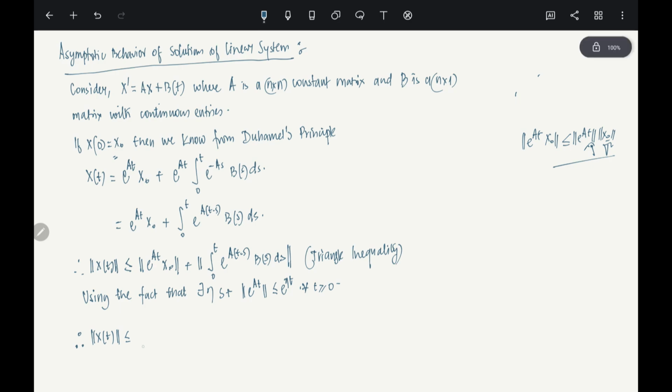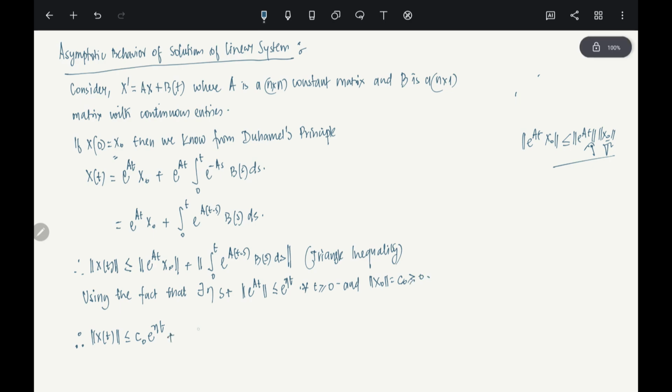So e to the power eta t, and let's say the norm of x naught is c naught times e to the power eta t. Let's say that the norm of x naught is given by some c naught, which is of course greater than or equal to 0.